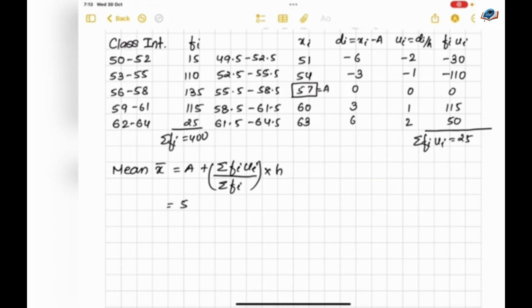So a is 57 plus 25 upon 400 into 3. So 57 plus 3 divided by 16 will be equal to 57 plus 0.18. So that is 57.18. So final answer is 57.